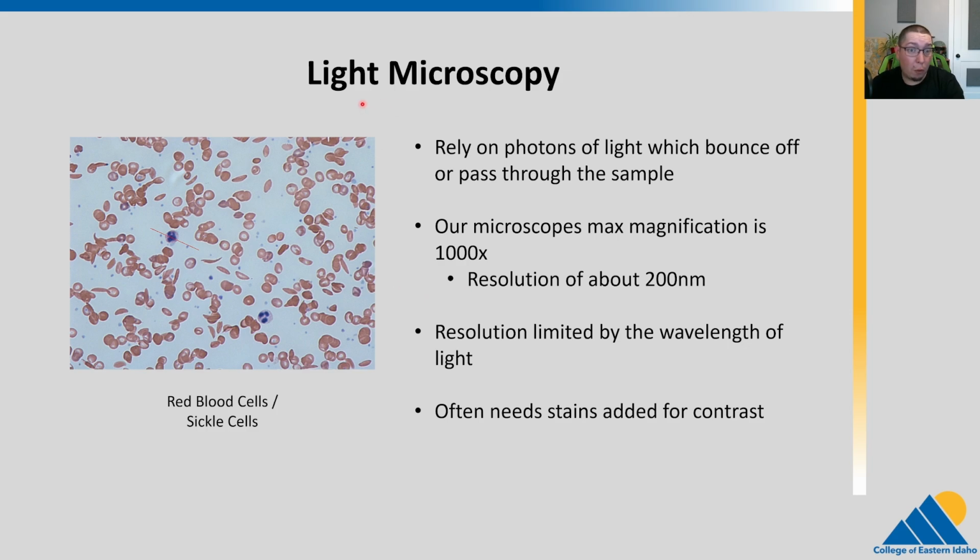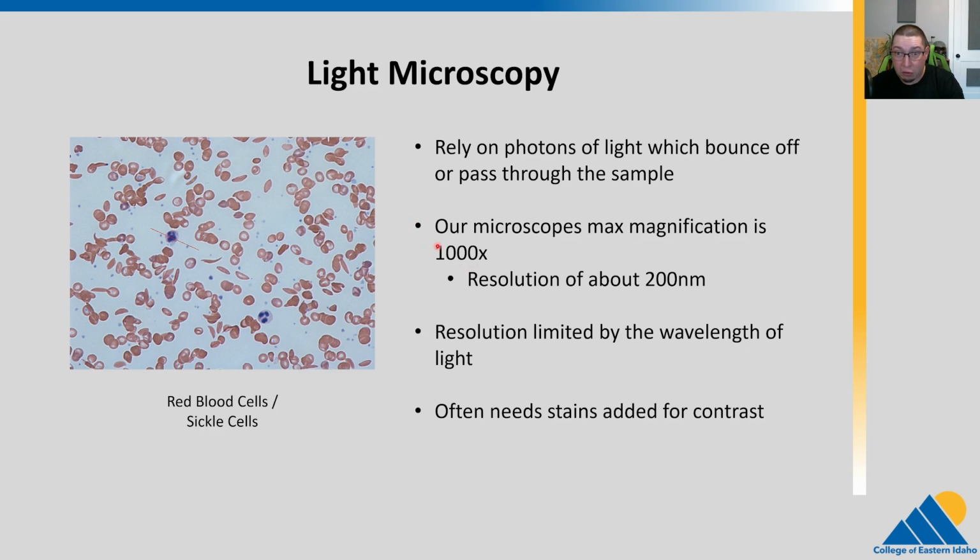So light microscopes rely on photons of light that come in and either bounce off a sample or pass through the sample. That'll be important in a moment when we talk about the difference between that. Our light microscopes' max magnification is going to be about 1,000 times.